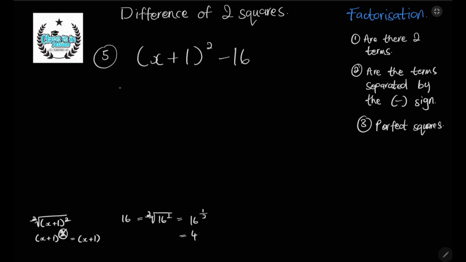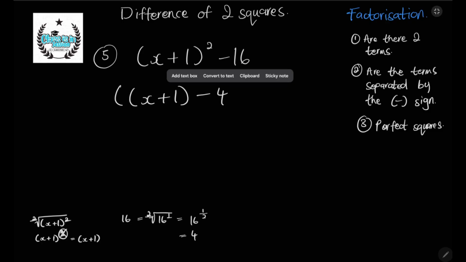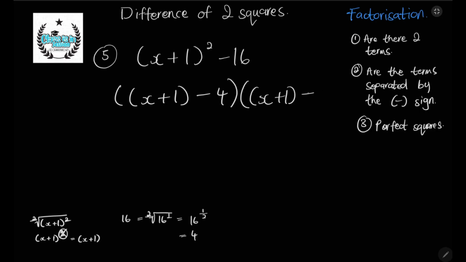So this will look like this. You have the first bracket, x plus 1 minus 4, which is the square root of the second term, right? Then a second bracket, we have x plus 1 plus 4. Same terms, however, you have a different sign here and there.